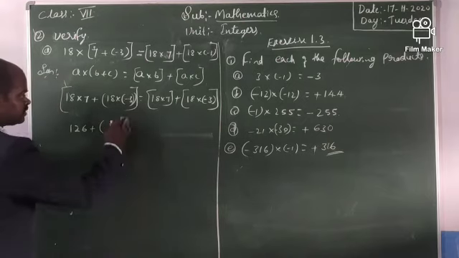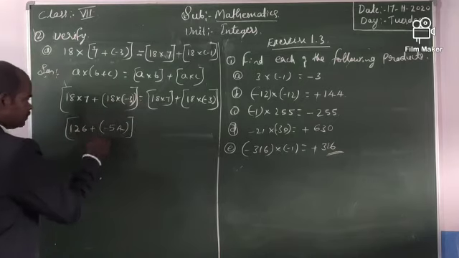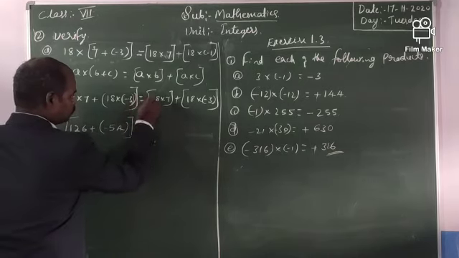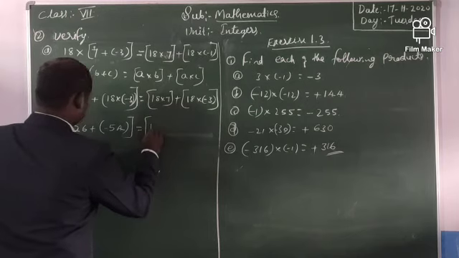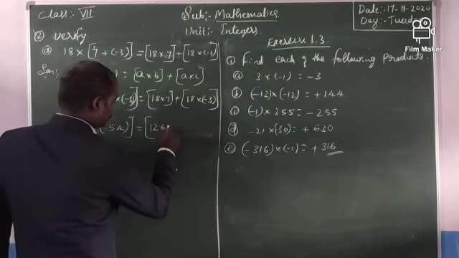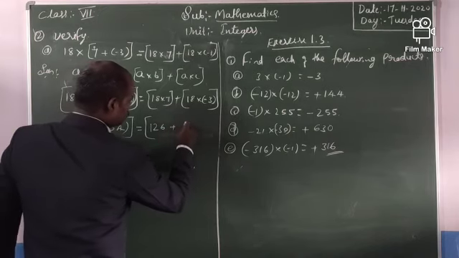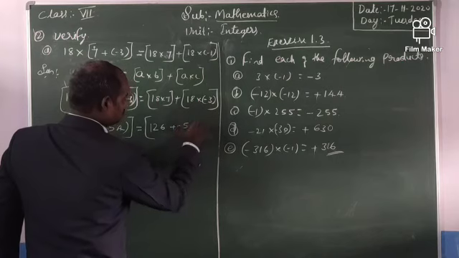Why minus? Because here minus is there, so minus 54. Which is equal to 18 sevens are 126, plus of 18 threes is 54. Your minus sign is there, minus, right?